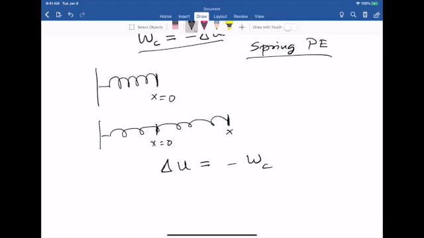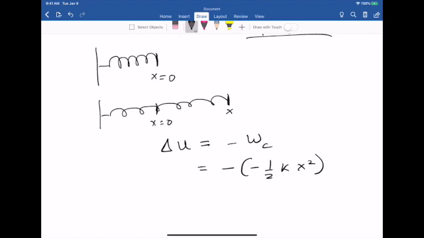So we need to know how much work is done by the spring force as the spring is stretched from x equals 0 to x final. This is something that we have already worked out in a lot of detail. It was on one of the slides, and in fact, I discussed it in the video prior to this one. So we saw that the answer to this was just minus half k x squared.